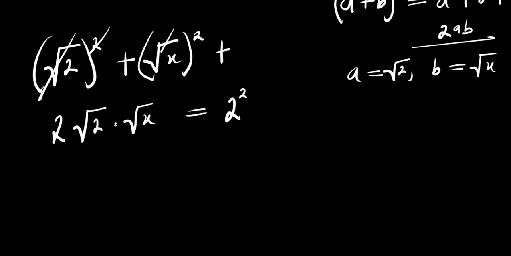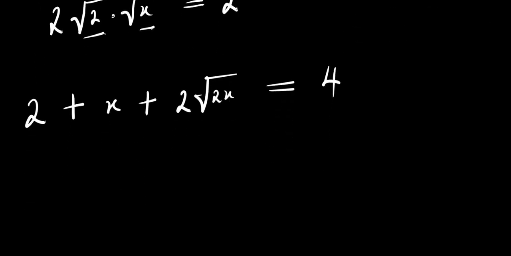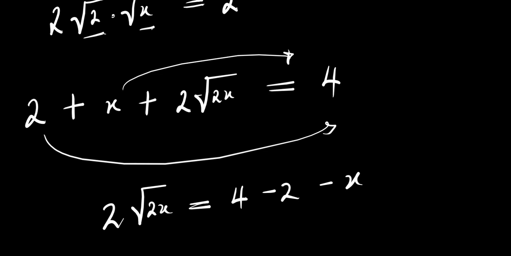this eliminates this. We have 2 plus x plus root 2 times root x, that is root 2x, and there is 2 here. There is 2 root 2x equals 4. From here, you move 2 over here, you move x over here. So you have 2 root 2x equals 4 minus 2 minus x.